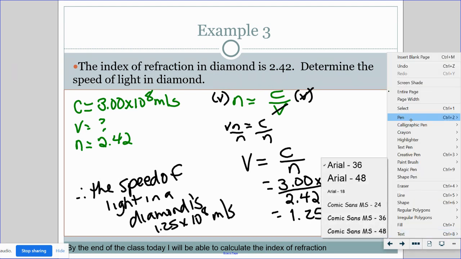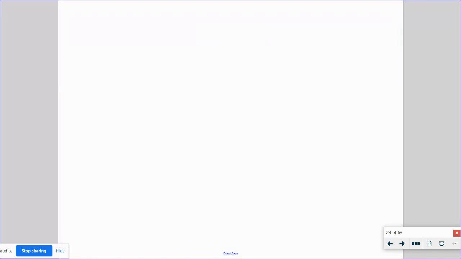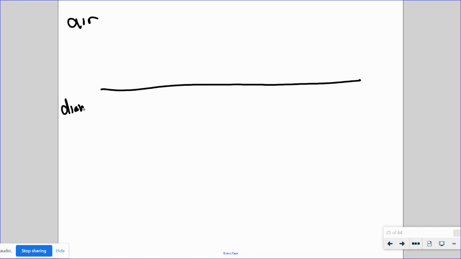I just want to quickly show you how to do a ray diagram. If I had air here and a diamond here, air's N is equal to 1.00, and in diamond, it's 2.42. Is everybody okay with that?